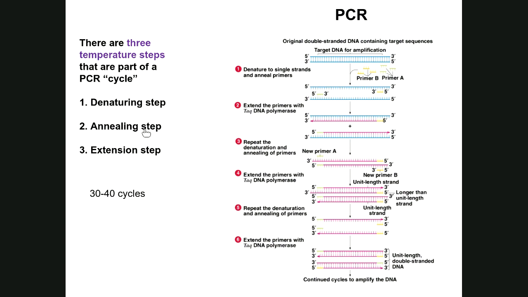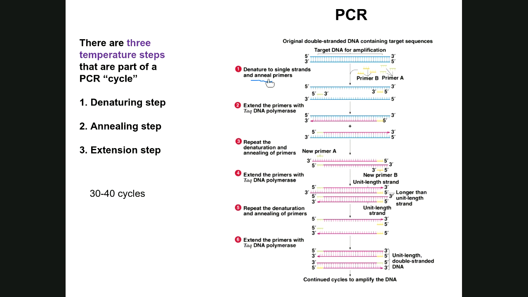Then the temperature will drop from about 94 degrees Celsius down to approximately 59 degrees Celsius for what we call the annealing step. The term annealing comes from the word anneal, which means that the short single-stranded DNA primers attach to the single strands of DNA.